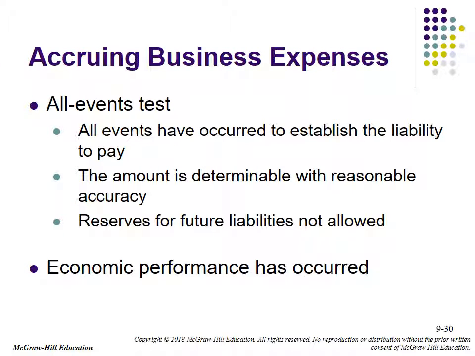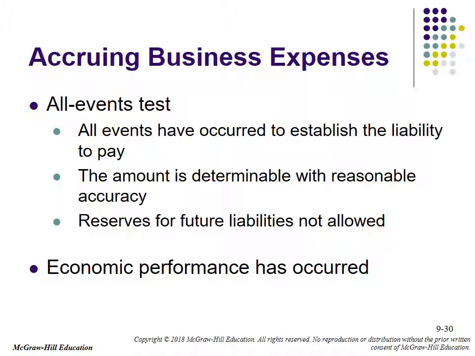When we're accruing business expenses, we ask ourselves, did we meet the all events test and has economic performance occurred? The all events test says this: all events in the contract have occurred to establish a liability to be paid. So we received the service, we received the utilities, we received the advertising, we received the rent, and we owe it.